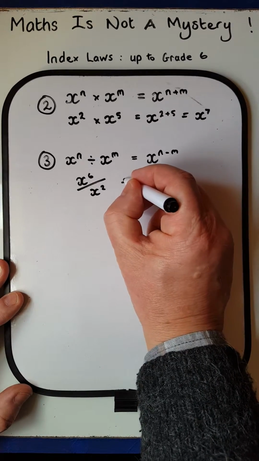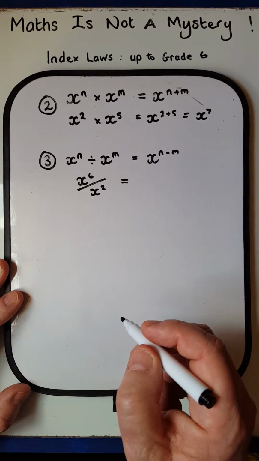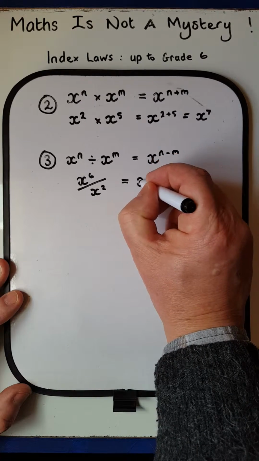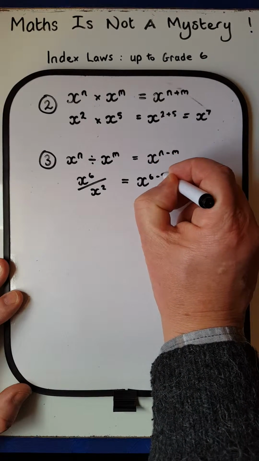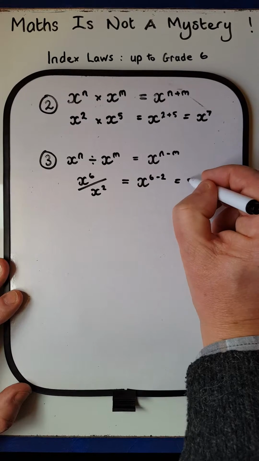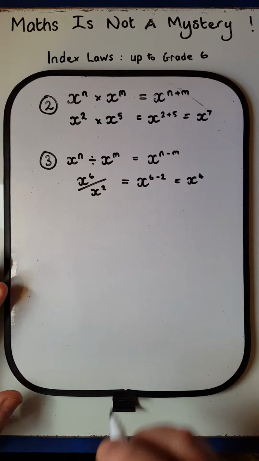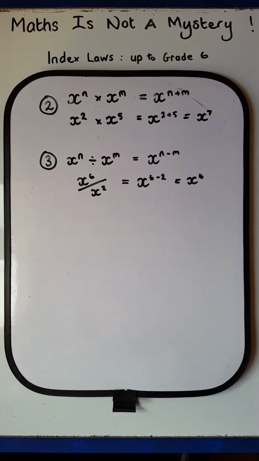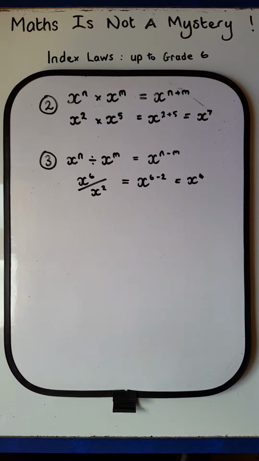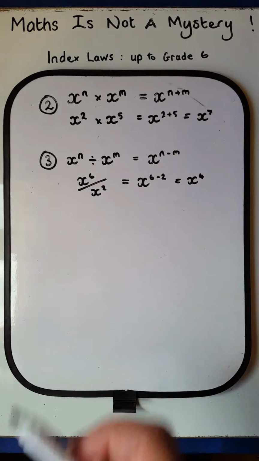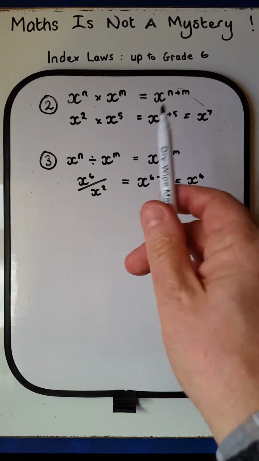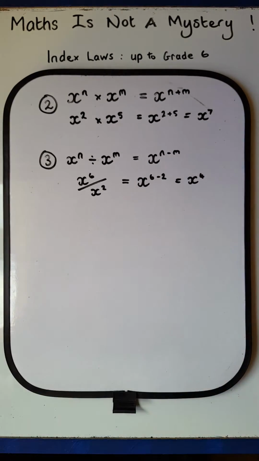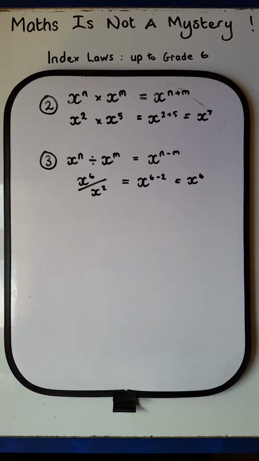Okay, so x to the power 6 divided by x to the power 2 is x to the power of 6 minus 2, which of course is x to the power 4. So when there's a multiplication sign in the middle, we add the powers. When there's a division sign in the middle, we take away the powers.